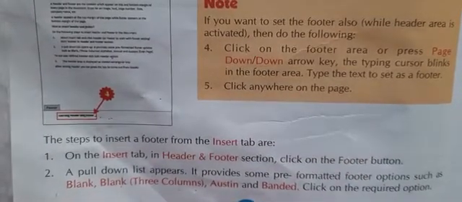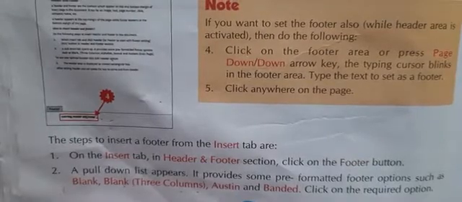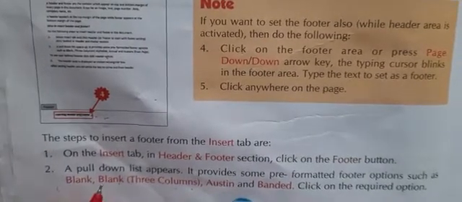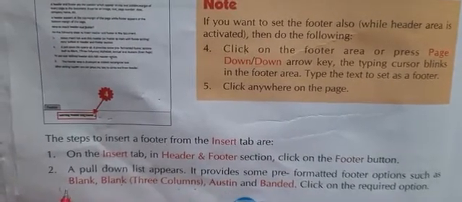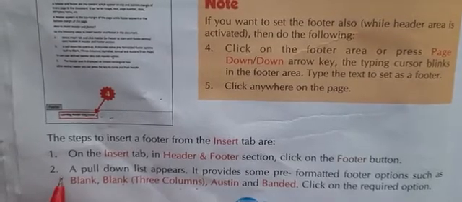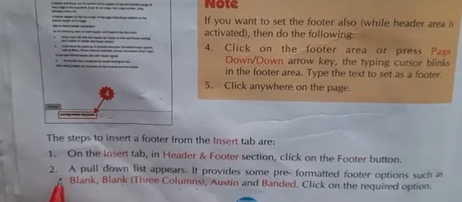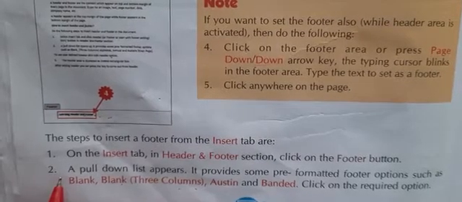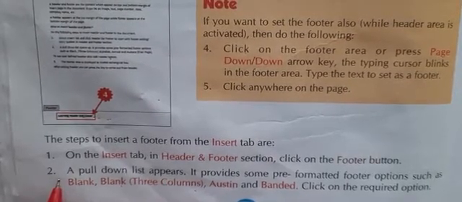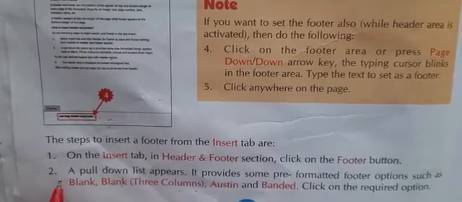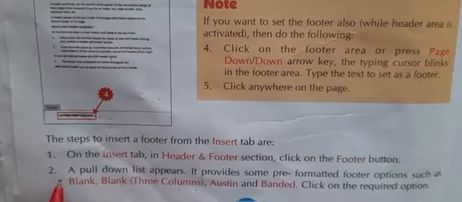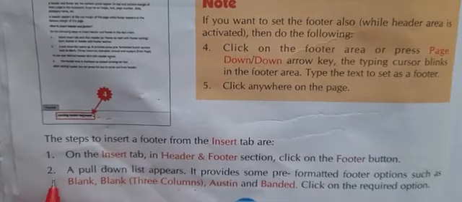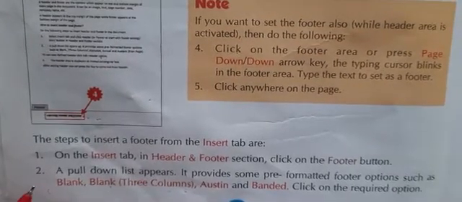So we can click any of the pre-formatted footer options, then a text box or footer area will be activated at the bottom of the page. In that area we will type the text which we want to set as a footer, and after typing, we will click anywhere on the page.